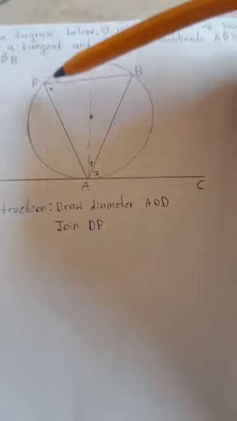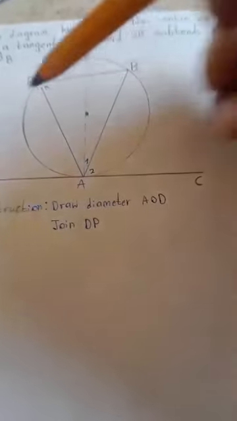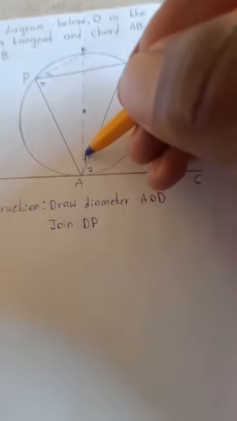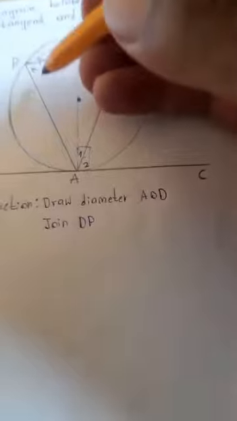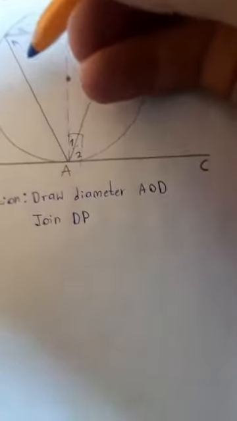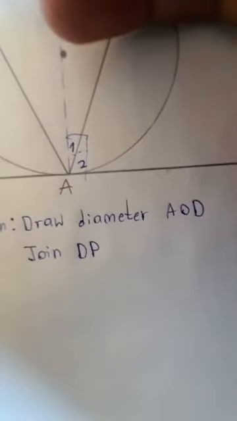And I said this is P1, P2, this is A1, A2. But we know that angle A, this whole angle here, is 90 degrees, and this whole angle here is also 90 degrees. And you will know why in a second.